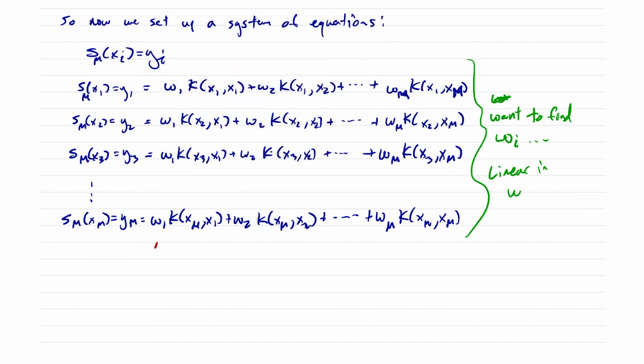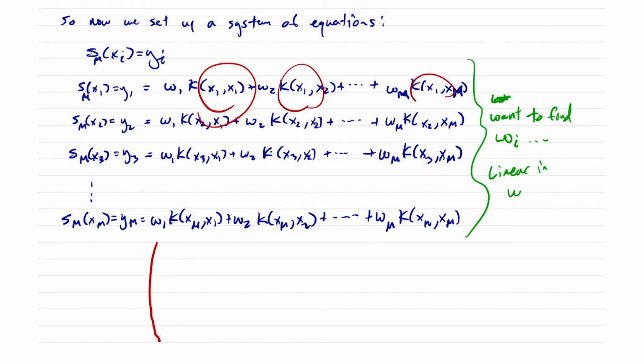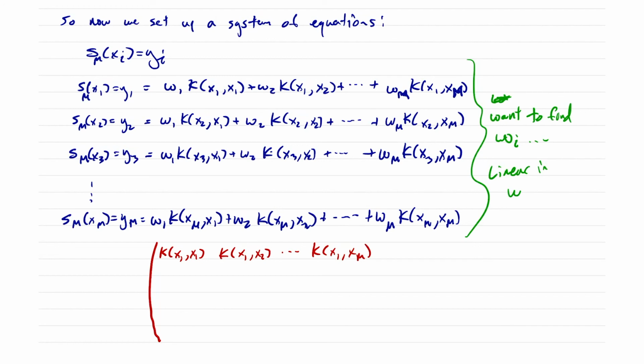So what we can do is recognize that if we take this first row and throw each of these pieces into a matrix, this is what we get. We get k of x1 comma x1, k of x1 comma x2, all the way up to k of x1 xm. The next line gives us k x2 x1, k x2 x2, all the way up to k of x2 xm.